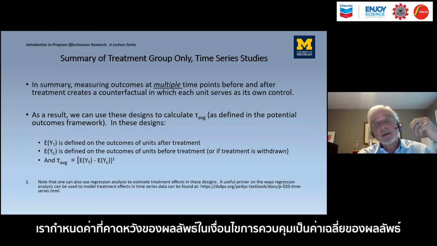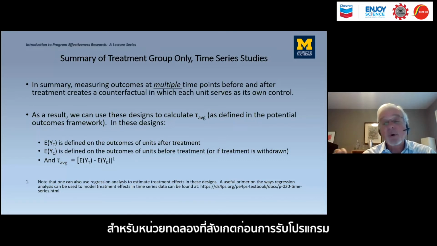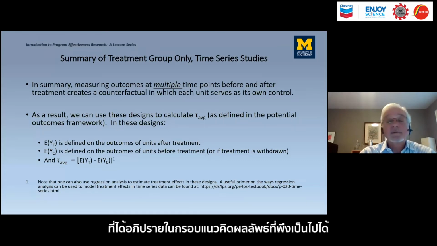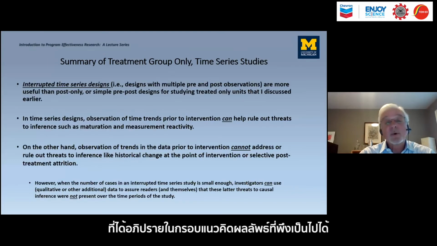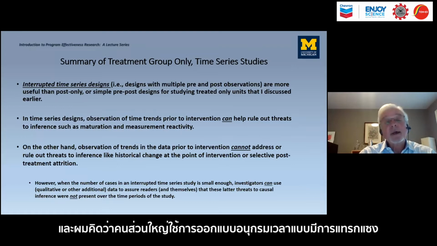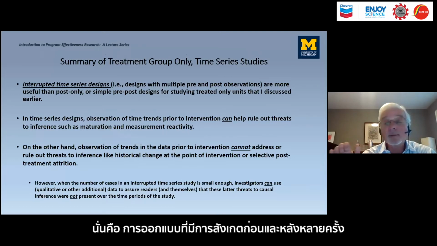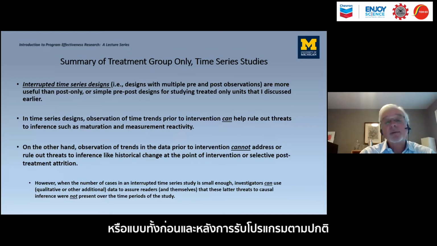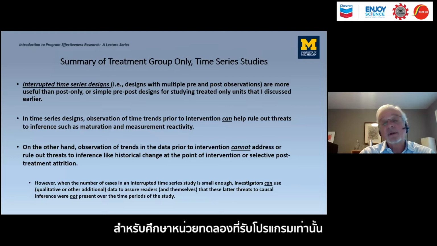We define the expected value of the outcome in the control condition as the average of outcomes of units before treatment. And so we can now calculate the tau average that is discussed in the potential outcomes framework. Now, it is my view, and I think most people's view, that interrupted time series designs, that is, designs that have multiple pre and post observations, are more useful than post-only or simple pre-post designs for studying treated-only units.